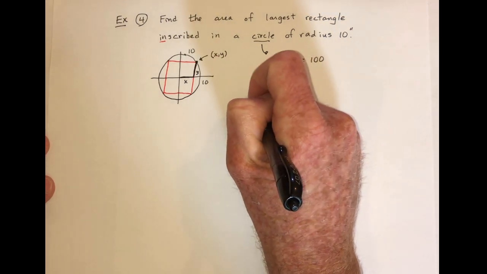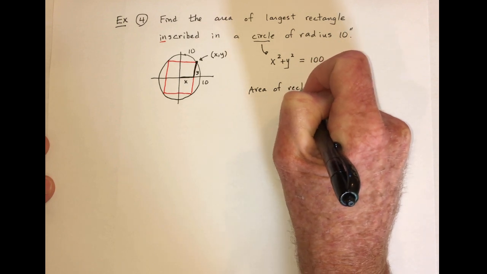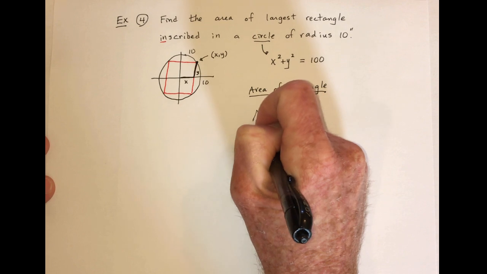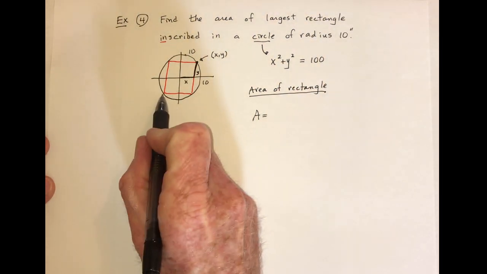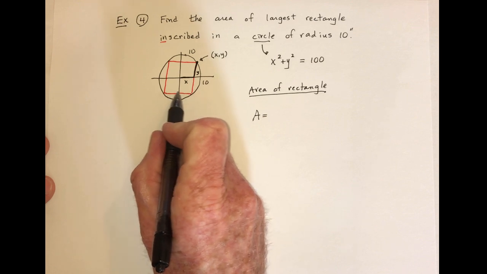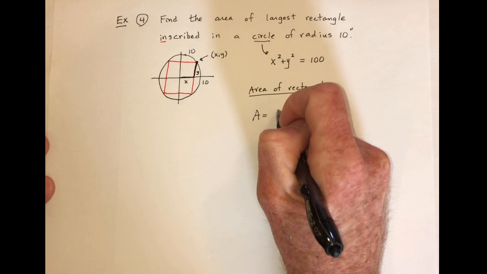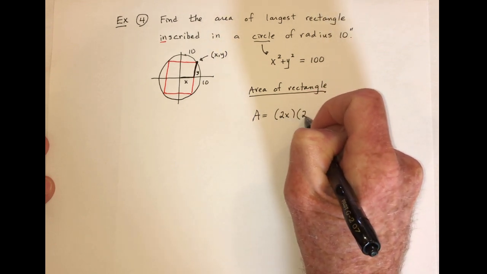So for the area of the rectangle, area just means multiply the two sides. This side would be 2x, and this side would be 2y. So the area is 2x times 2y.